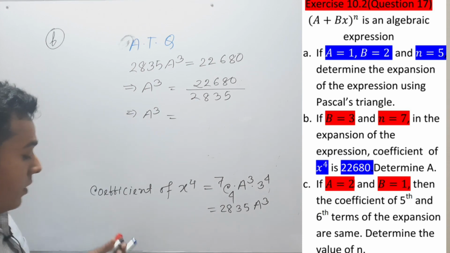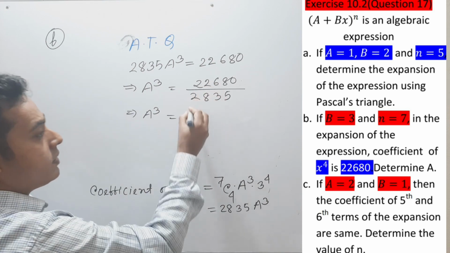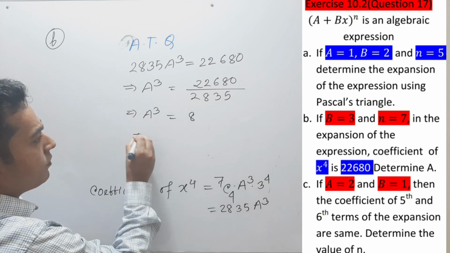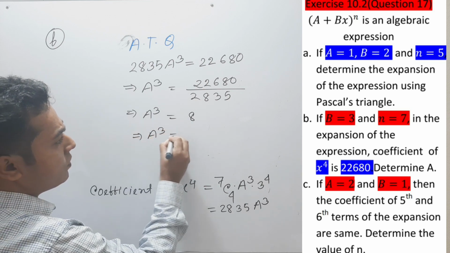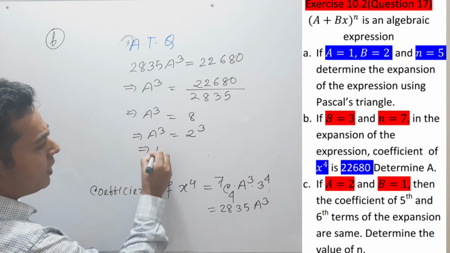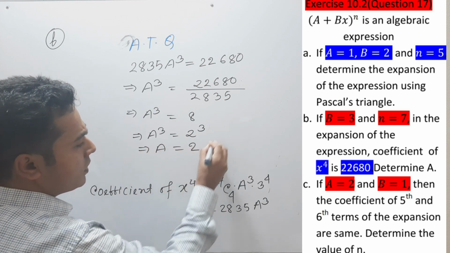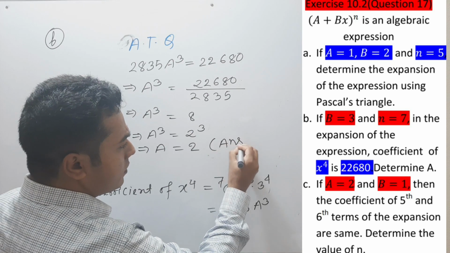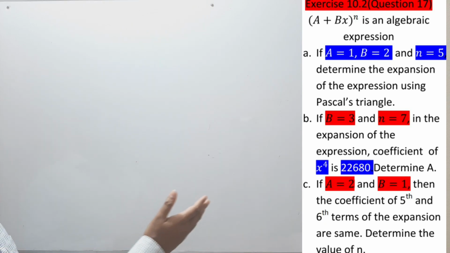After dividing, we get 8. So a cubed is equal to 2 cubed, so a is equal to 2. This is our answer.